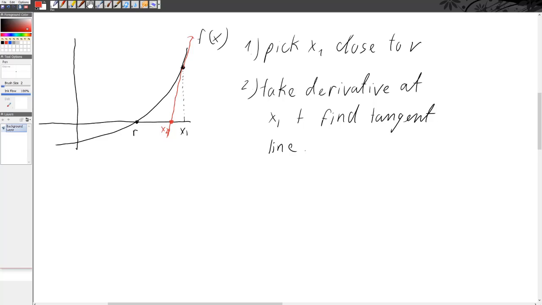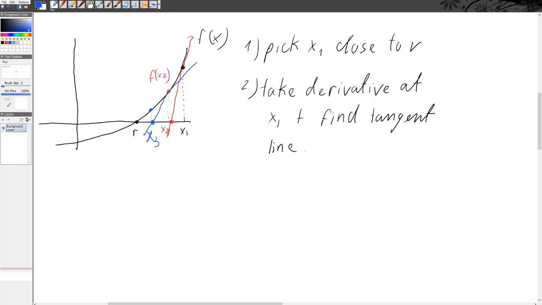And then we repeat. We find out where is x2 on the graph. Draw the tangent line to get x3. And we note that here x3 is even closer to r than x2. And then we do the exact same thing over and over again.